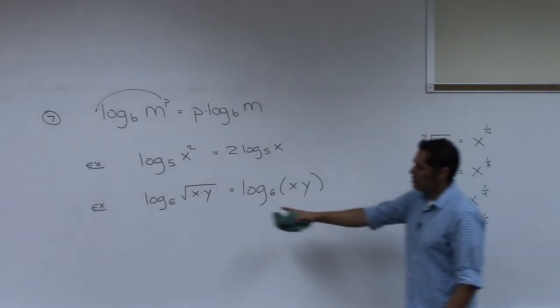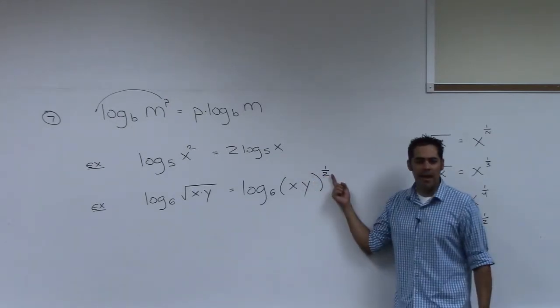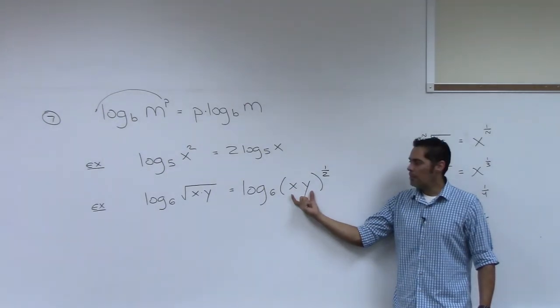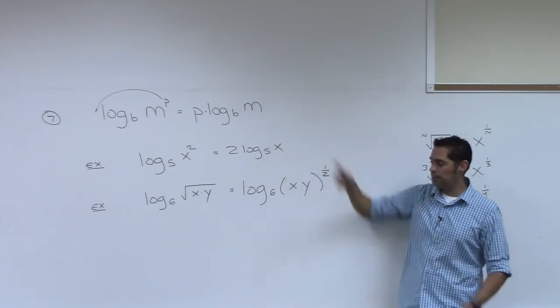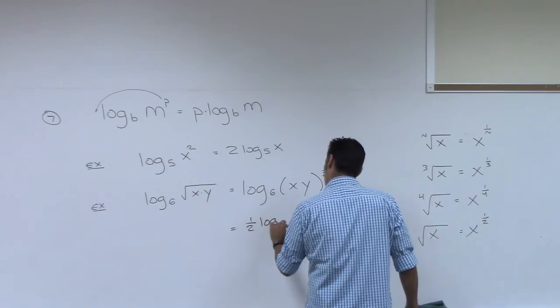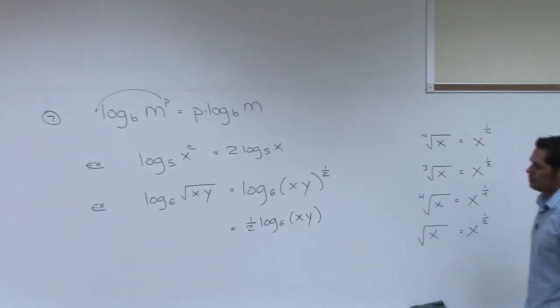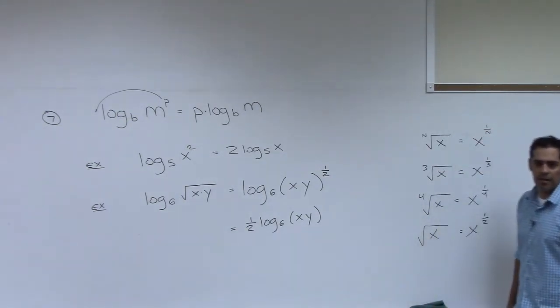So when I see this right here, I can actually take that whole x times y and raise it to the 1/2. That's the same as taking the square root. Then I can pop the 1/2 out using this property. Now what do you see? Do you see anything else you can do here?